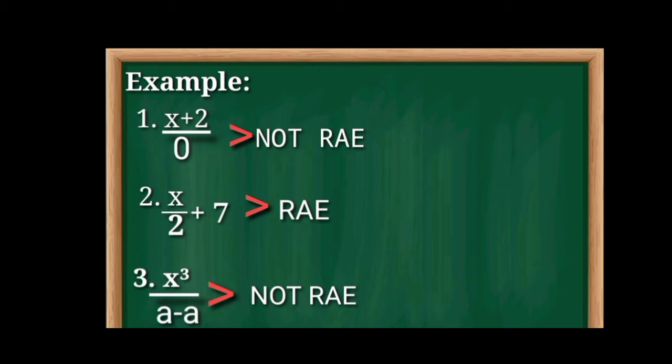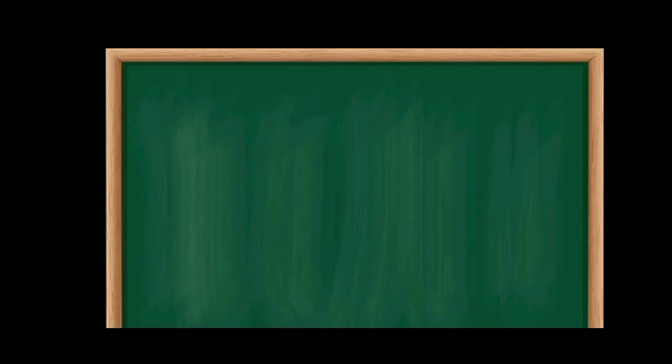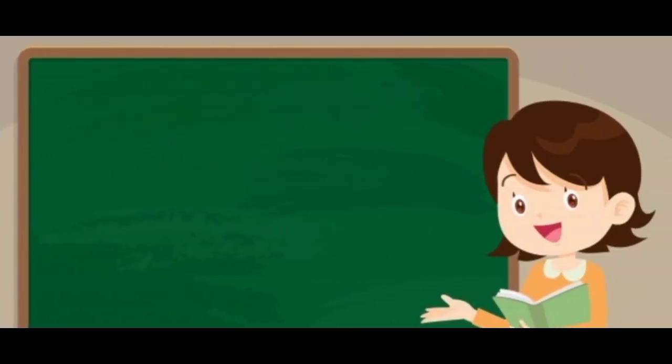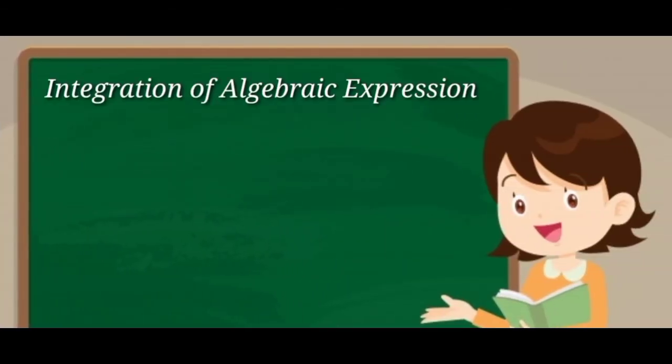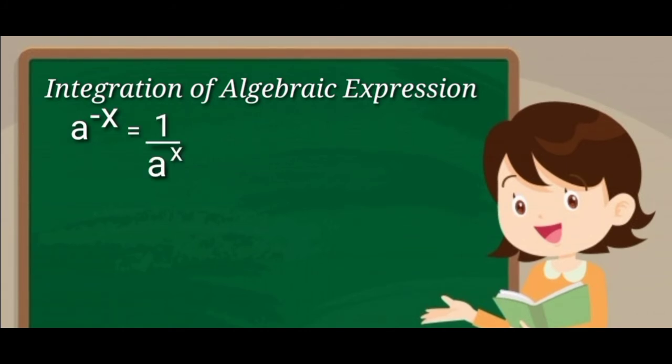Now that we know how to identify whether it is a rational algebraic expression or not, let us proceed to another activity, which is the integration of algebraic expressions. In this lesson, you will learn how to integrate a raised to negative x, which equals 1 over a raised to x, and the zero exponent, where a raised to 0 equals 1.